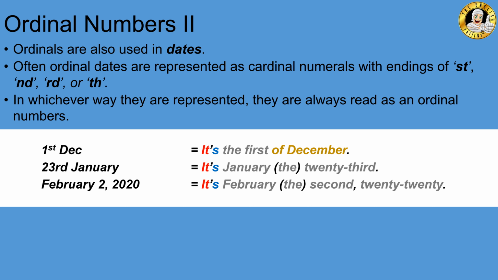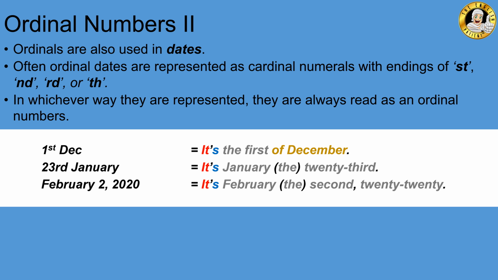So dates will always be read as an ordinal number. So, for example, 1st of December, it's the 1st of December. And you can write that as 1 in a numeral form with a superscript ST after it. If you like, you can also write it in normal script as the second example is written.